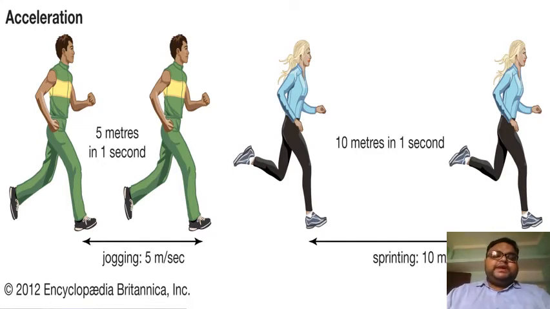Yes. So, students, you can see this person is jogging 5 meters in 1 second. So this is his velocity, right? 5 meters in 1 second. And this person is sprinting at 10 meters in 1 second. So it is her velocity, right?